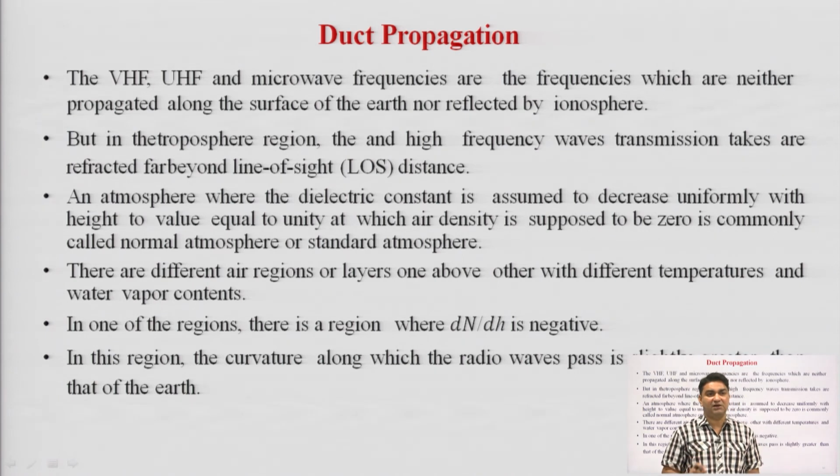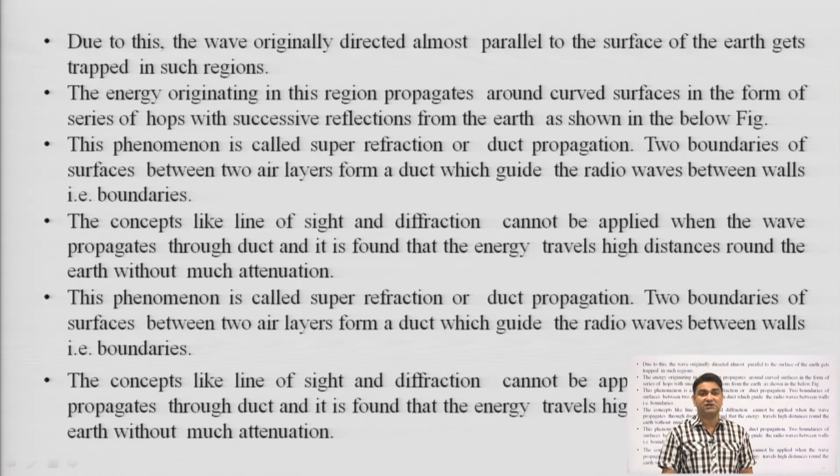In this region, the curvature along which the radio wave passes is slightly greater than that of the earth. Obviously, at the earth surface, the refractive index of the atmosphere is higher than unity.